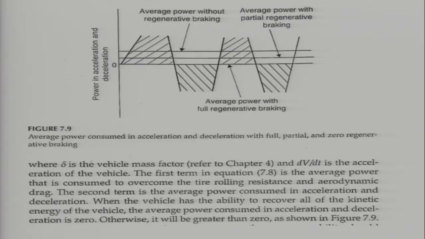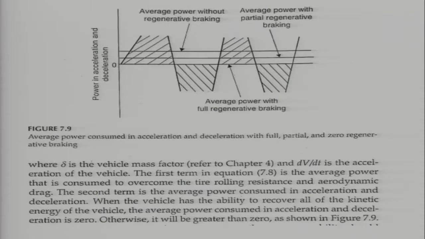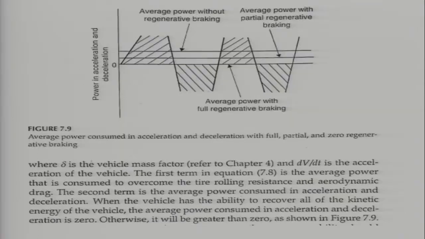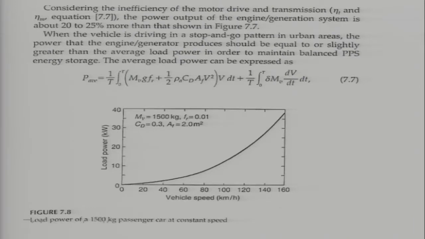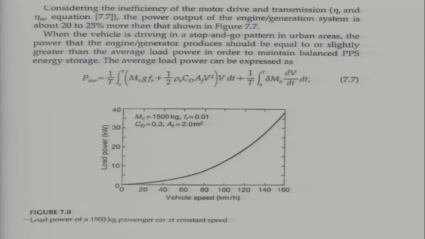The first term is the average power that is consumed to overcome the tire rolling resistance and aerodynamic drag. This must be 7.7. So this is the first equation, this is for the rolling resistance and aerodynamic drag, and the second part is the average power consumed in acceleration and deceleration.